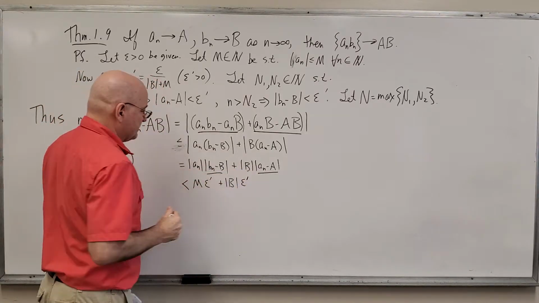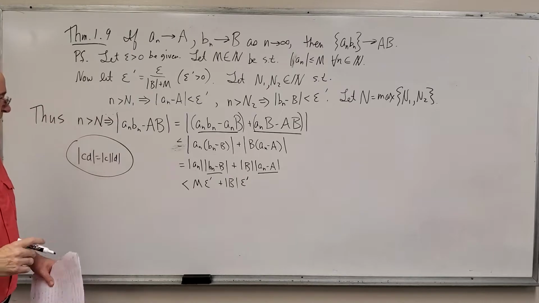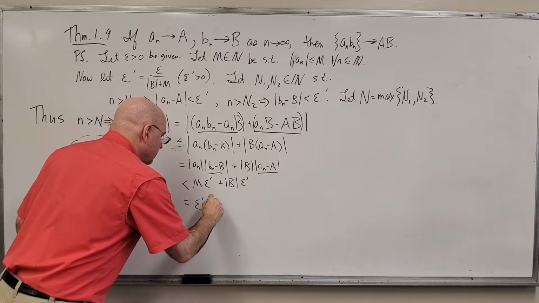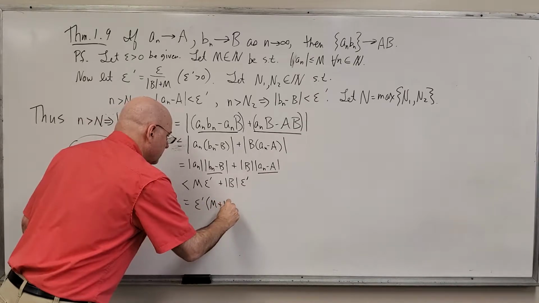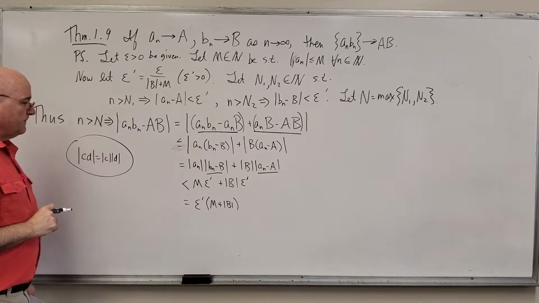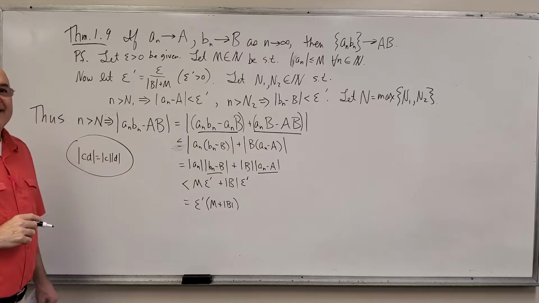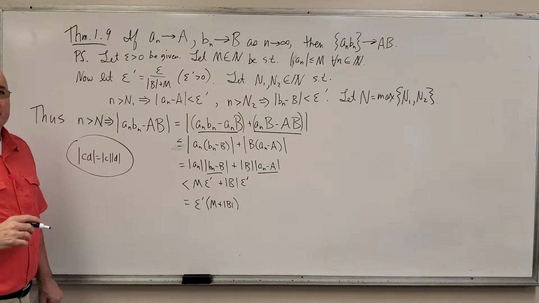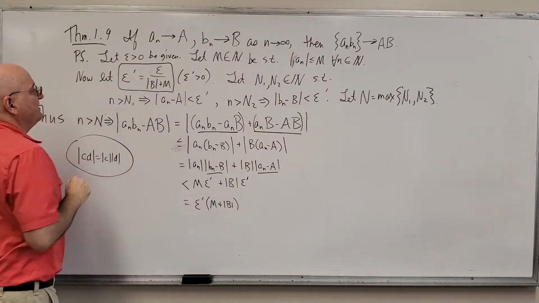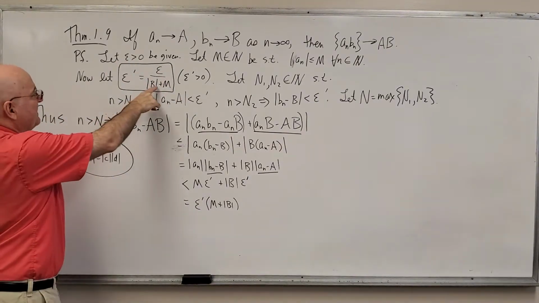This is less than epsilon prime. Well, if we factor out the epsilon prime, we get that. What is that? Epsilon. Exactly right. That's why we chose this epsilon prime to be that ugly expression on the right here.